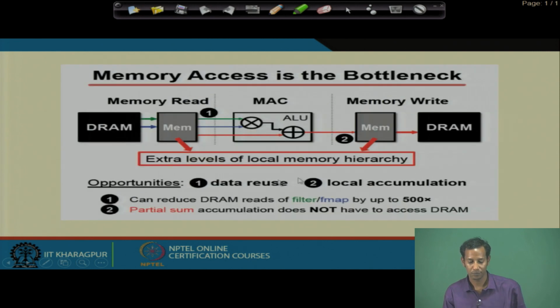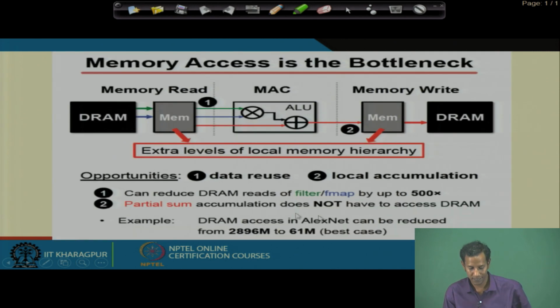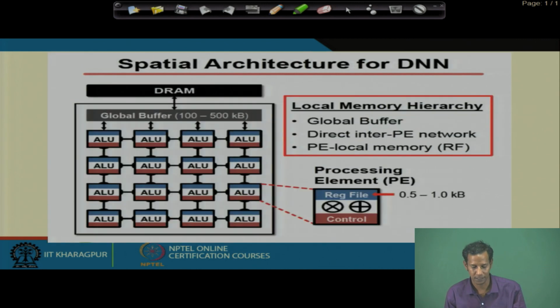Earlier the memory access requirement was 2896 million; now with extra levels of local memory it came down to 61 million memory accesses for AlexNet, which needs 724 million MAC operations for training on the datasets.